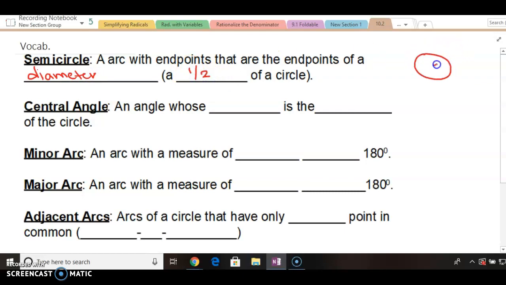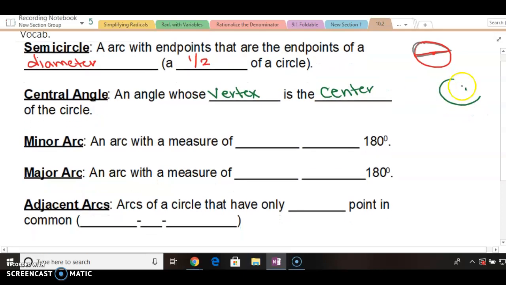So if I have a circle here, and then I have my diameter, this would be a semicircle. It's like half a circle. Think of a hemisphere when it comes to the globe. It's halfway through.